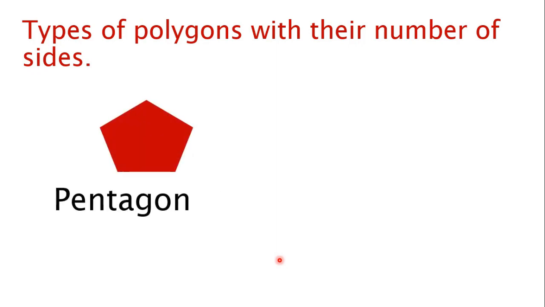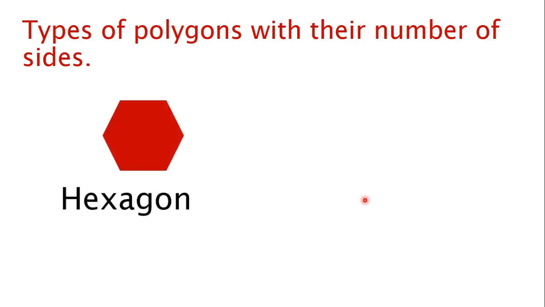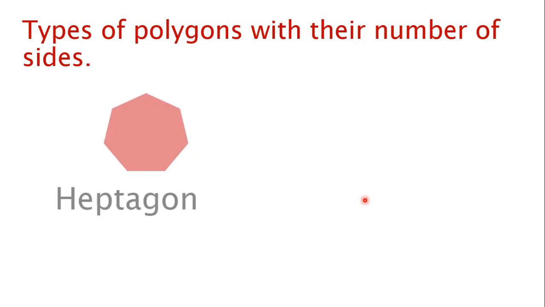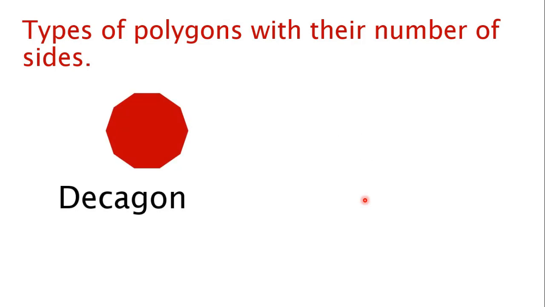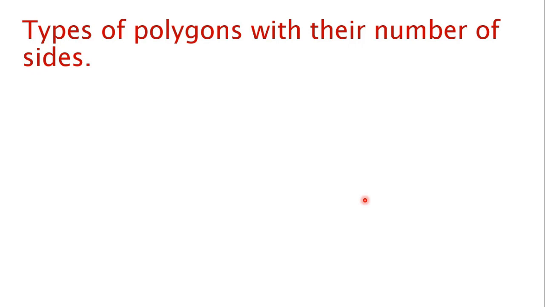We also have a pentagon, a five-sided polygon, so it has five sides. A hexagon, six sides. Heptagon, seven sides. It goes on and on. Octagon, nonagon, and decagon, which has 10 sides.